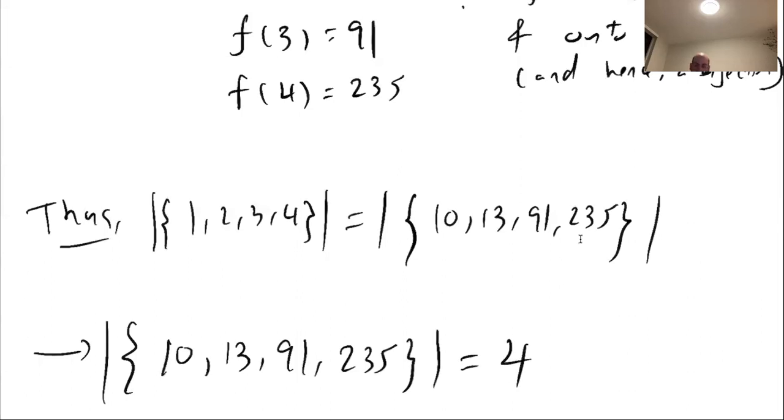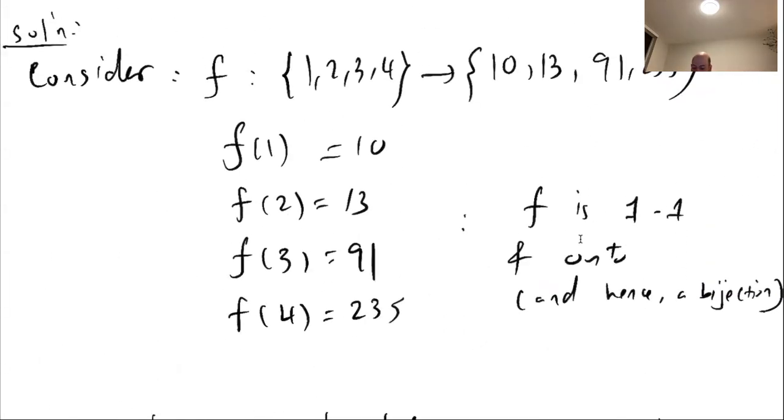Because the very first definition we provided in this section was that the cardinality of the set 1 to n is defined as n. Here we have the set 1 to 4, so the cardinality is defined as 4. And you also showed that the cardinality of 1 to 4 and the other set are equal.